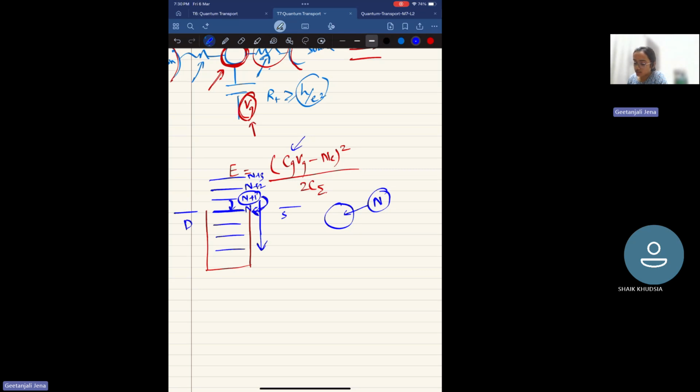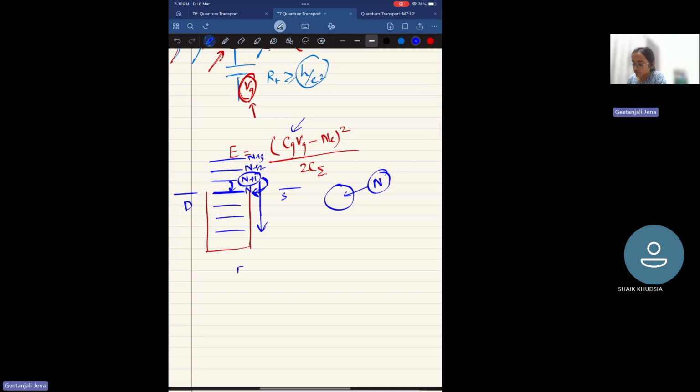And this happens when the energy level of En matches with the energy level of n plus 1. So we are pushing the n plus 1 state to the n state so that they have the same energy.